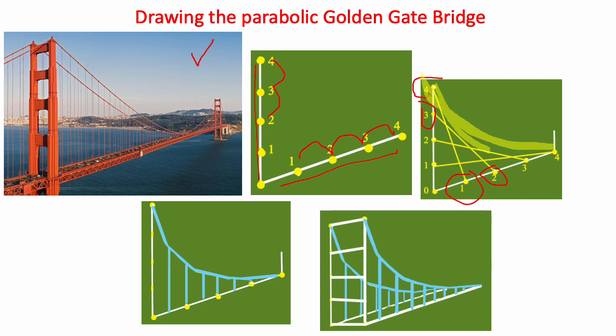So it's a very easy way of making a parabolic curve. Then connect the parabola to vertical lines down to the base of the form, giving it stability. And finally, overlay one parabolic curve over the other to give the 3D form of the bridge.